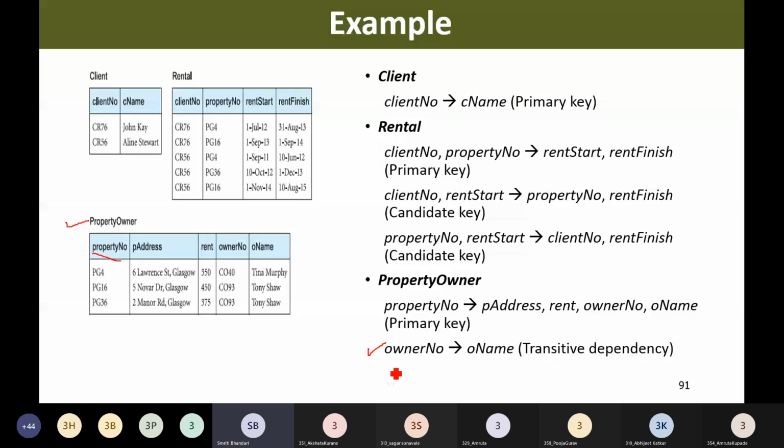Do you agree with me? Yes. Yes, ma'am. So, as we have found out this transitive dependency, we say that this property owner is not in 3NF.